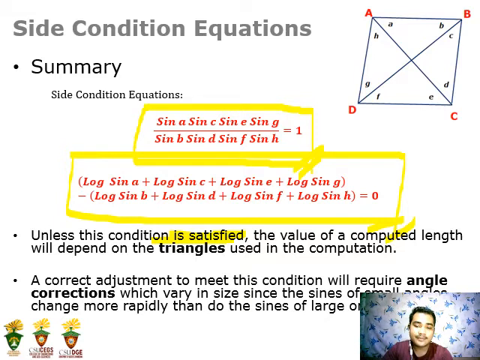A correct adjustment to meet this condition will require angle corrections, which vary in size since the signs of small angles change more rapidly than do the signs of the large ones, no? So kung ato siyang i-investigate, no, ang katong mga sign gani, sign sa mga smaller angles, no?